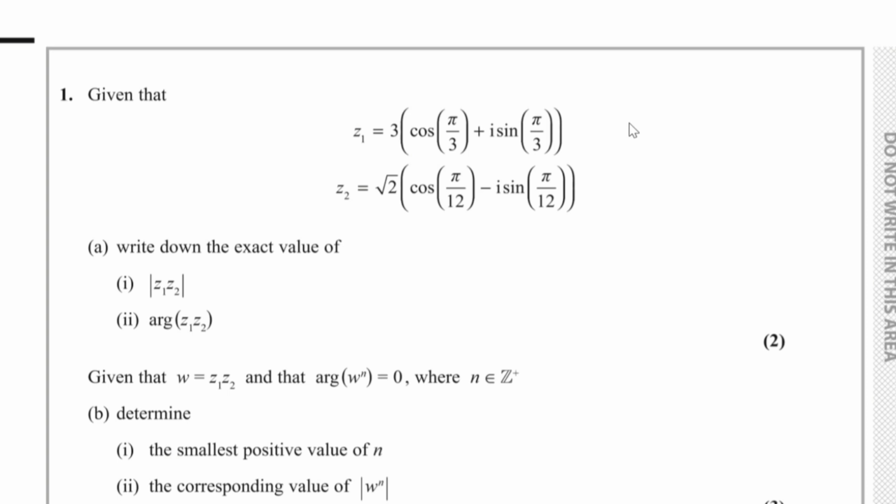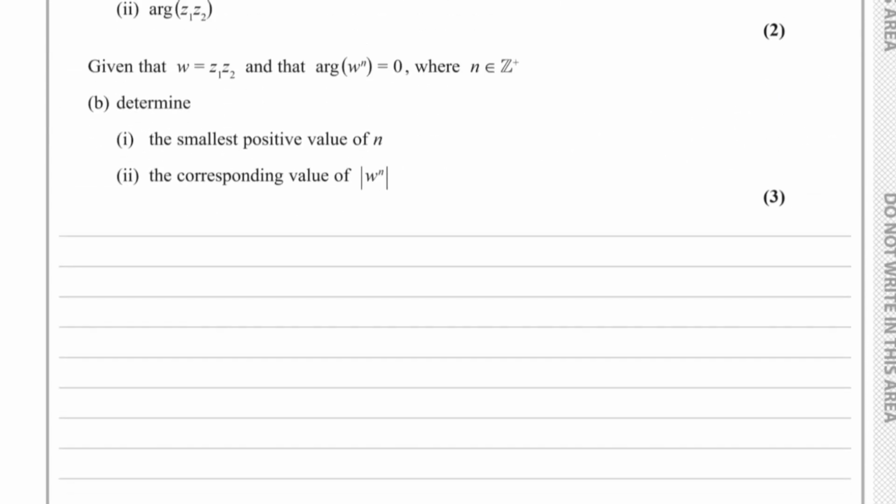Well, we know that minus sine of theta is the same as sine of minus theta, and we also know that cos of theta is the same as cos of minus theta. So we can rewrite z2.